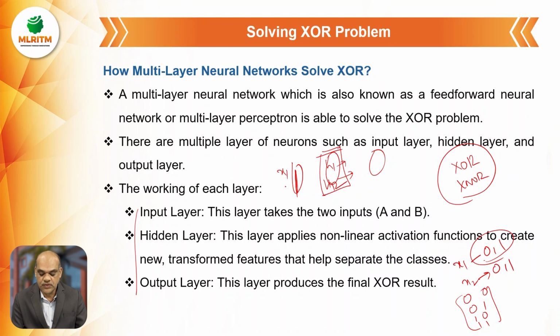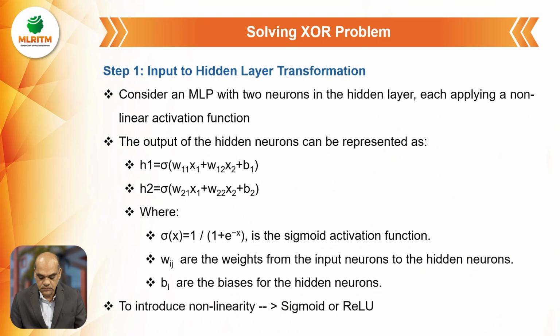So I am taking 2 inputs, one hidden layer with 2 neurons, and it is going to produce the output, either 0 or 1, based on the activation function we use at the hidden layer.